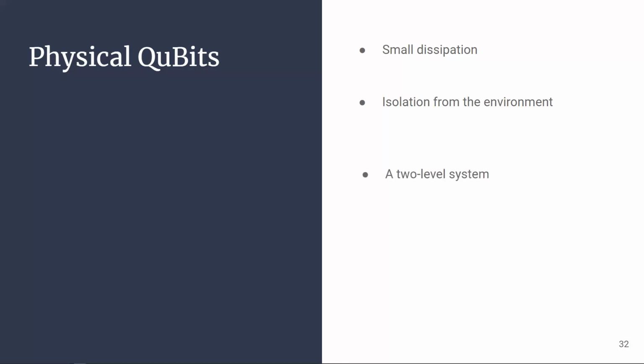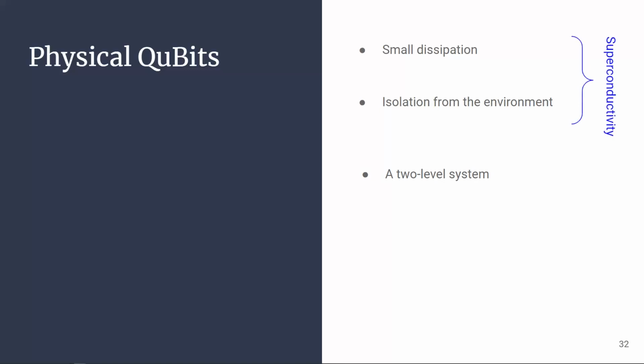You need a system which can take only two values, rather like in comparison with an atom. An atom can be on different energy levels, but for a system to act like a qubit, you need a two-level system.